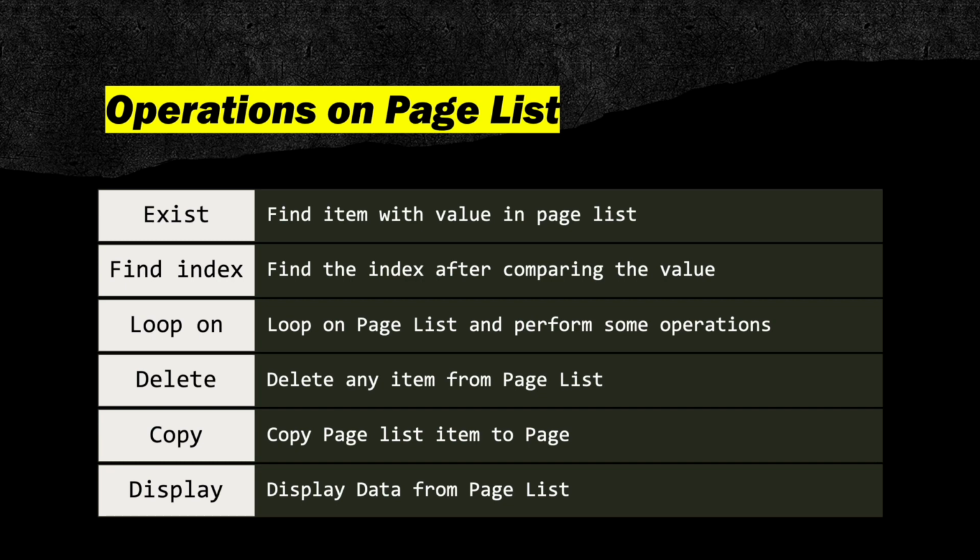Otherwise, what we are going to cover is the 5 or 6 items I have written: exist, find index, loop on, delete, copy, and display. The first one is exist. We get this scenario very often. Most of the time you have to put a condition, like let's say you have a page list called employee ID, and if the page list has that employee ID equal to this much, then you want to perform something.